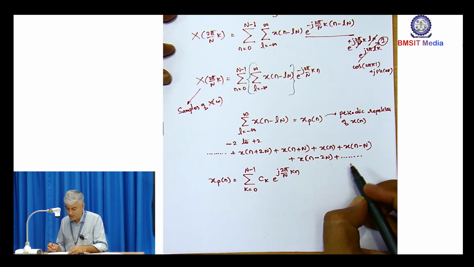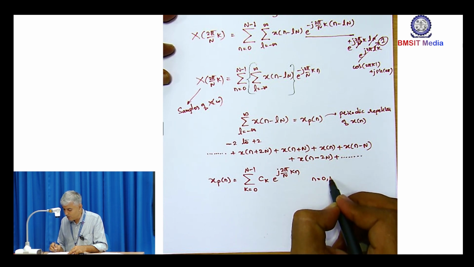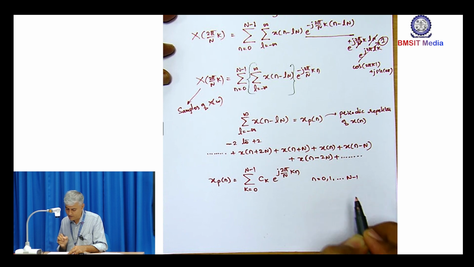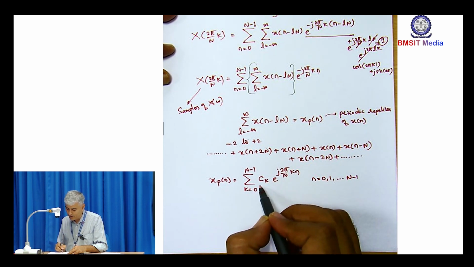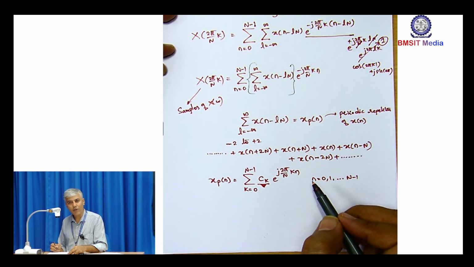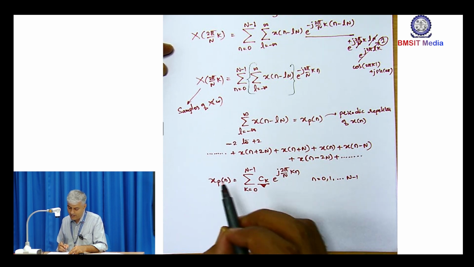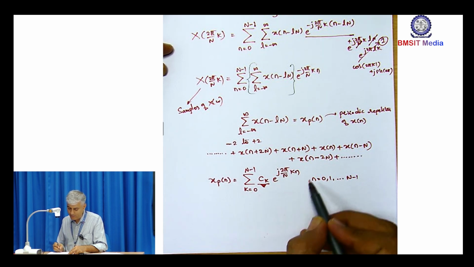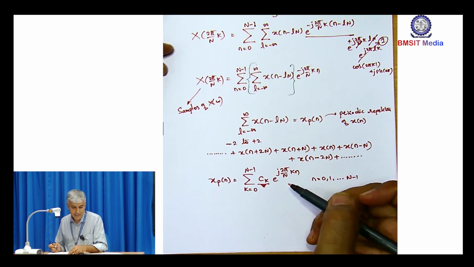This ck that you are observing here is the Fourier coefficient. So, we will be representing xp of n in terms of the coefficients using this Fourier series representation.